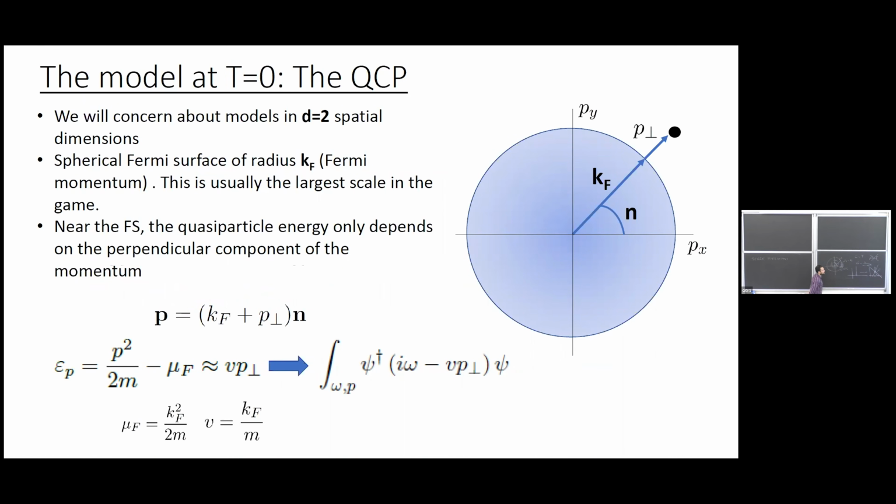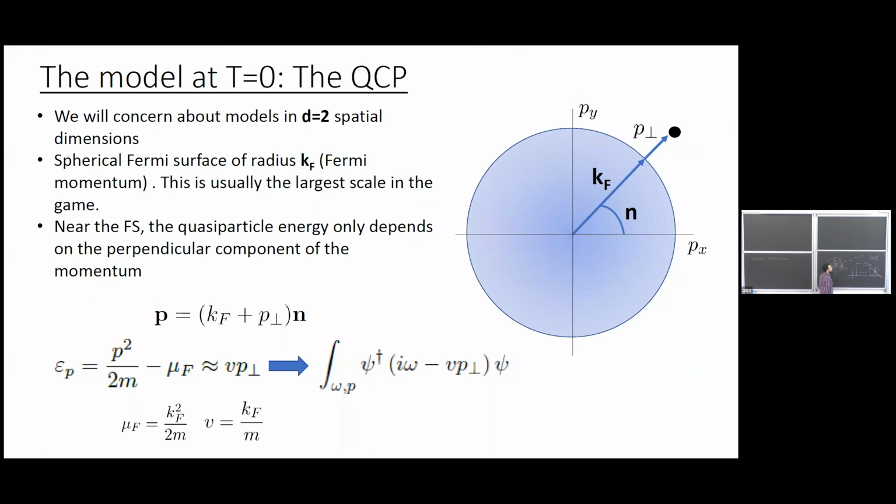So the model at zero temperature essentially consists of a circular Fermi surface. We are in 2+1 dimensions, so here the Fermi surface is just a line. We will consider it as spherical for simplicity, so it's a rotationally invariant model.